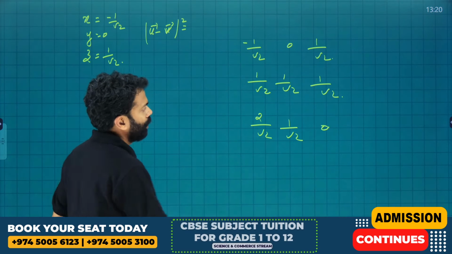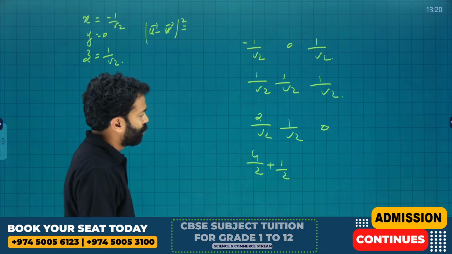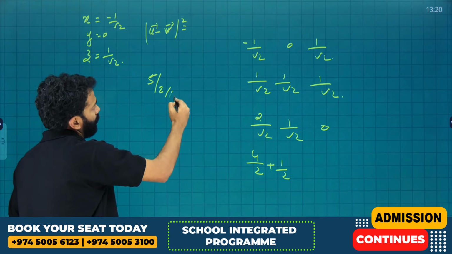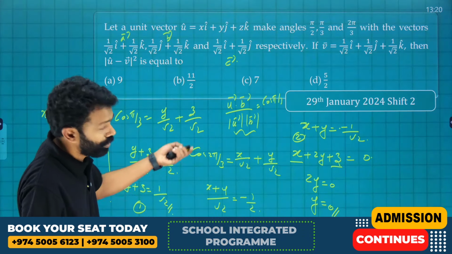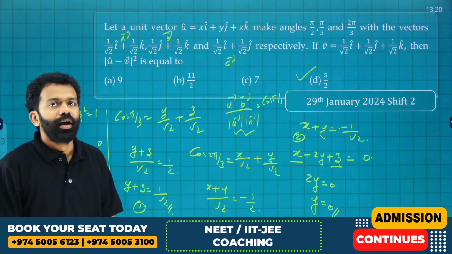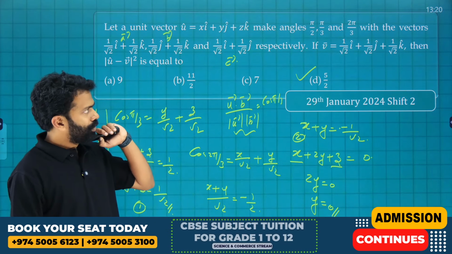If you square it up, it will be 4 by 2 plus 1 by 2 plus 0, that is 5 by 2. So the result is 5 by 2. Let's check. Option D. A very easy question, but the calculation is a bit more. Doable one. So, the next one.